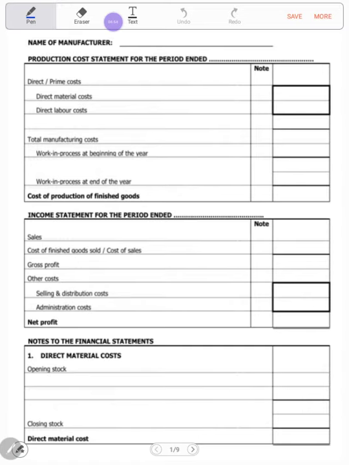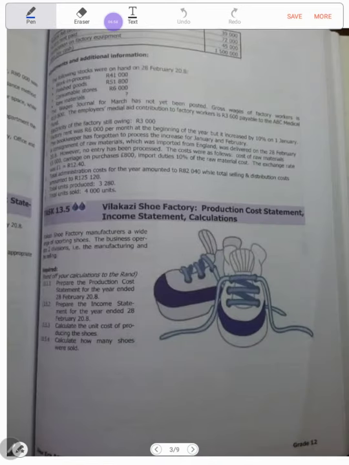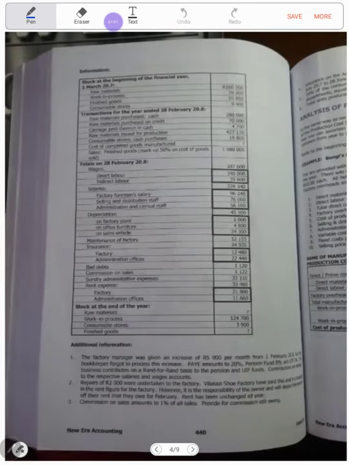All right. So our opening stock, according to the information given to us, is 160,000. There is our 160,000. And then let us see where we have purchased more raw materials. You will see raw materials purchased on cash, raw materials purchased on credit, carriage paid thereon in cash. Remember, you are paying for your raw materials to be delivered to your business.